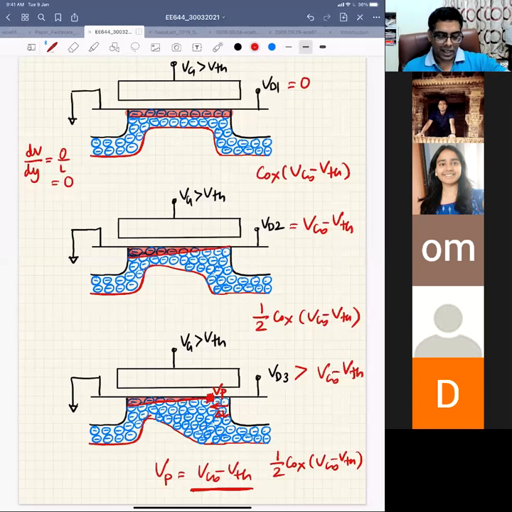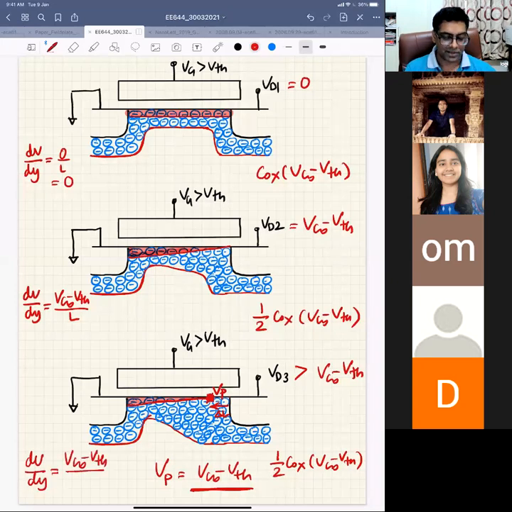In the second case, your dV by dy is the voltage across the channel, VGS minus VTH, divided by L. Similarly, in the third case, your dV by dy is VGS minus VTH divided by L again, because I told you the voltage at the pinch off point is always VGS minus VTH. This does not go beyond VGS minus VTH.